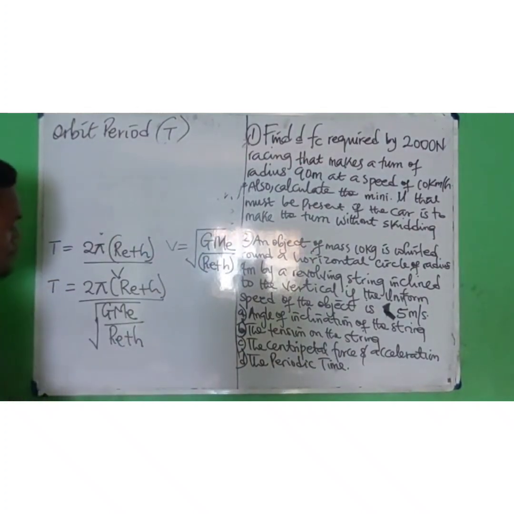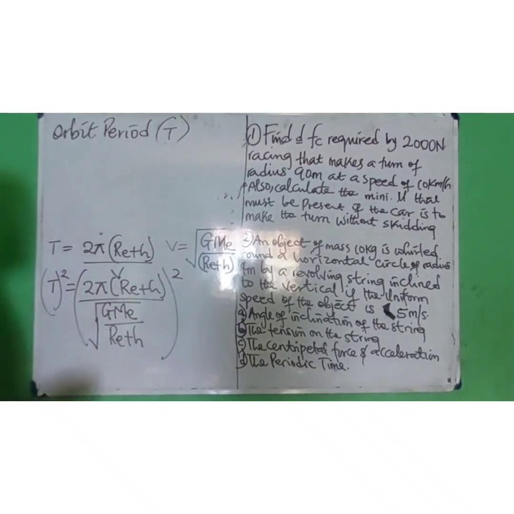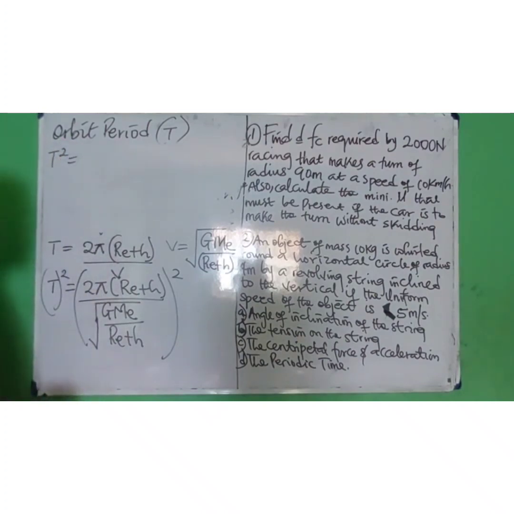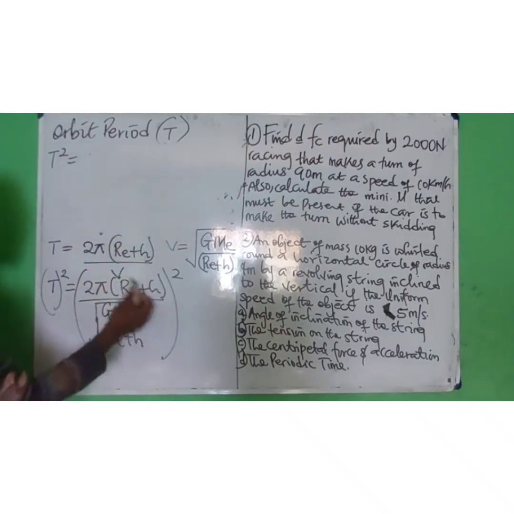In order for me to eliminate these roots, I will have to square both sides. So I'll now be having T squared. T squared is equal to, now these two here affect everything inside the bracket.